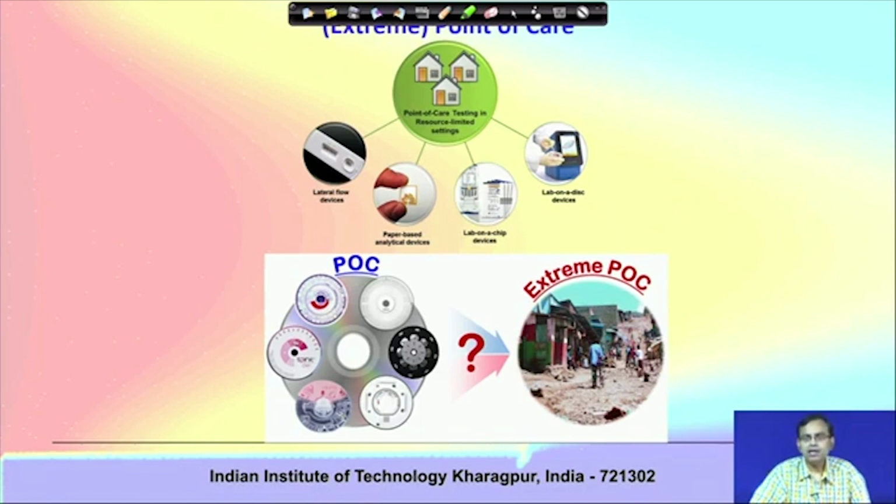So, as I mentioned earlier that in the rural setting a big challenge is that the power supply is not very regular, there is dusty and humid and hot environment, and the storage of chemicals is not so easy, the trained manpower is not available.